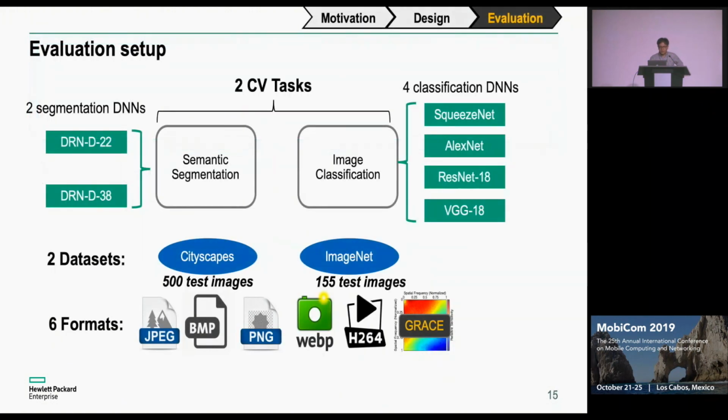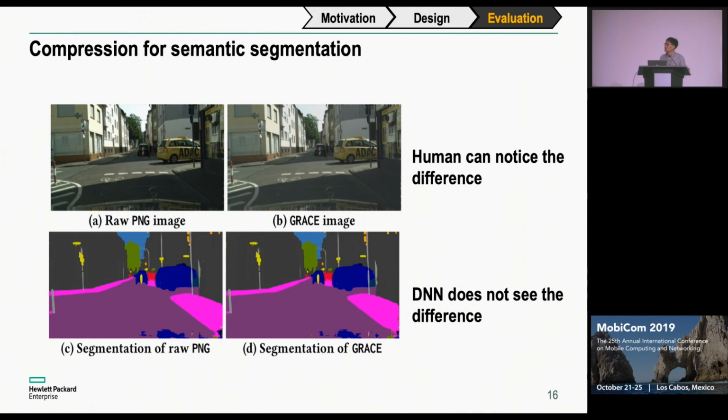We evaluate Grace over various conditions: 2 computer vision tasks, 2 datasets, 6 compression formats, and 6 DNN models. We use compressed file size and inference accuracy as metrics. We first show the semantic segmentation result for both PNG and Grace-based compression. The top 2 figures show the compressed images for both PNG and Grace.